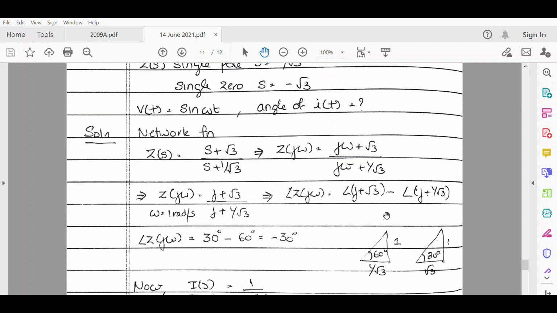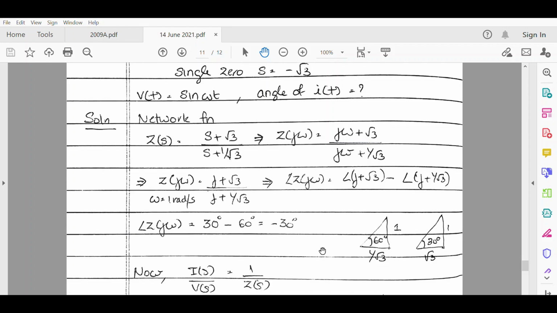Now the angle of the numerator, j plus root 3, is obtained as 30 degrees, and the angle of the denominator, j plus 1 by root 3, is obtained as 60 degrees. So angle of Z of j omega is equal to 30 minus 60 is equal to minus 30 degrees.